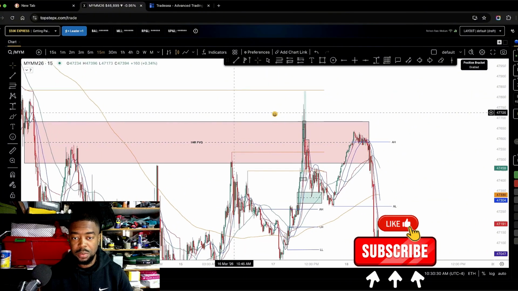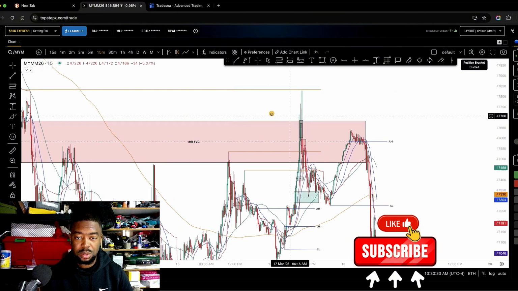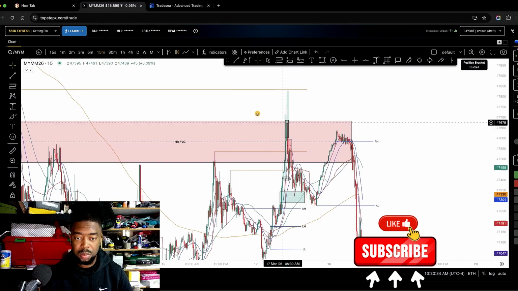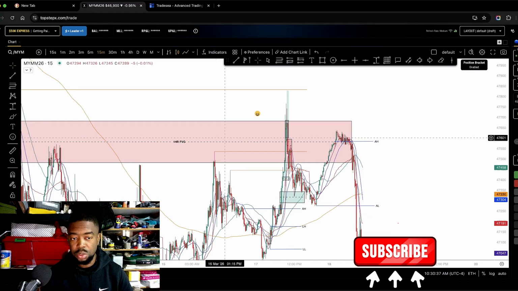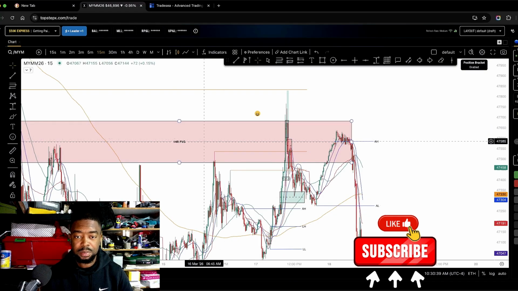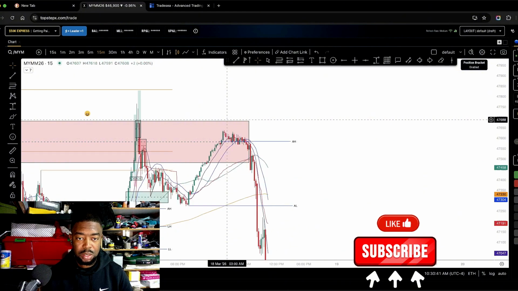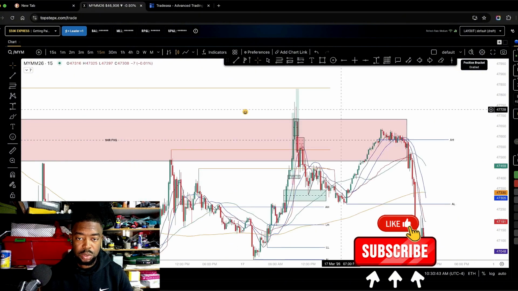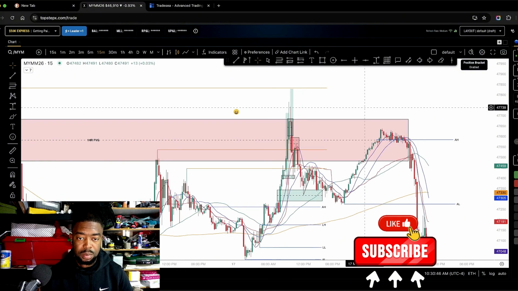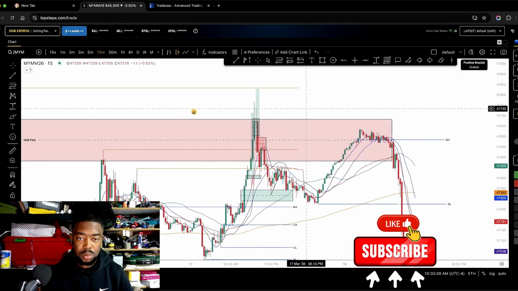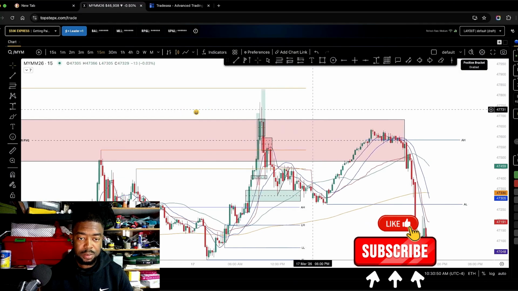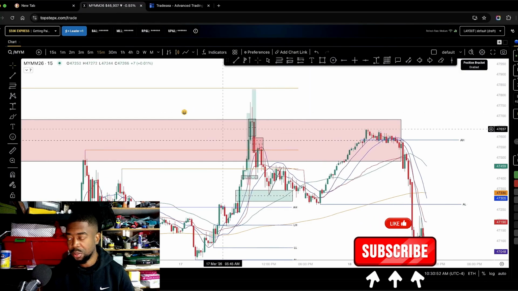So on the 5 minute, you could kind of go with what's going on. But long story short, I wouldn't use the 5 minute to get into a trade that essentially was marked out on a higher time frame. People like to drop down to the low time frame for higher time frame confirmations, which is cool. It works in certain cases.